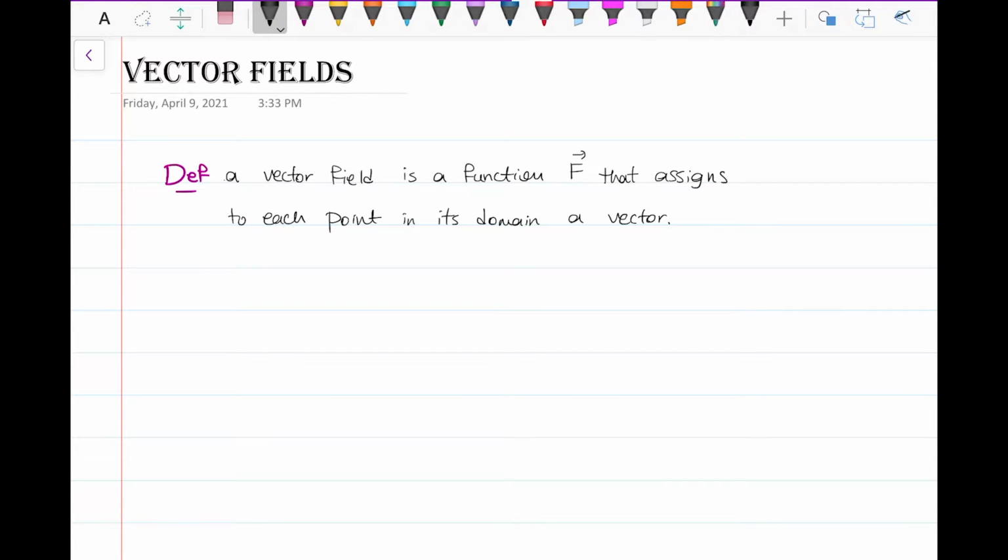Okay, we can define vector fields in a plane or in a space.